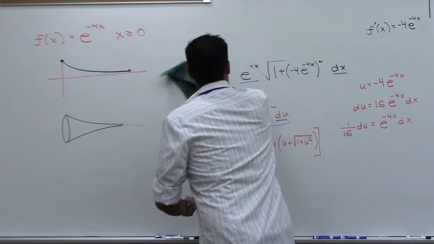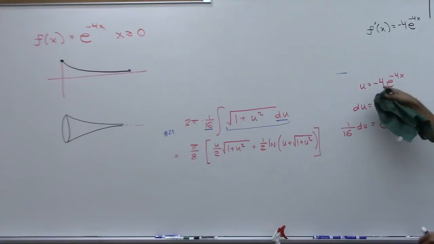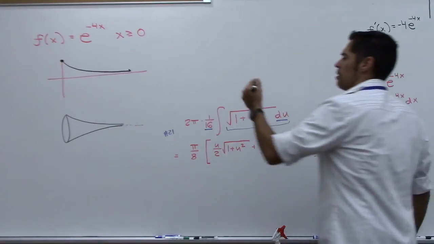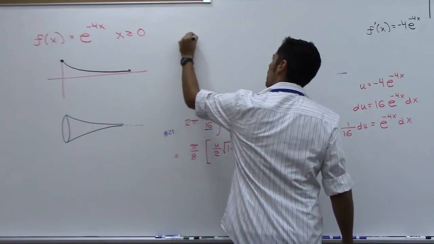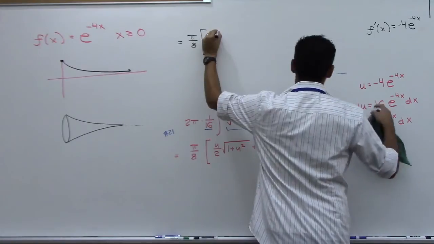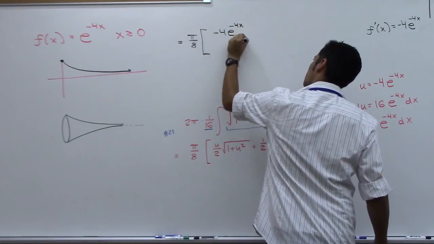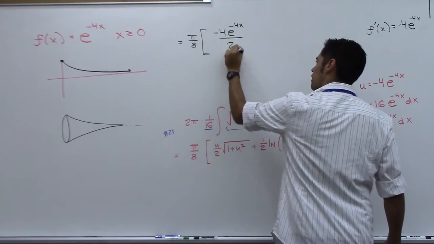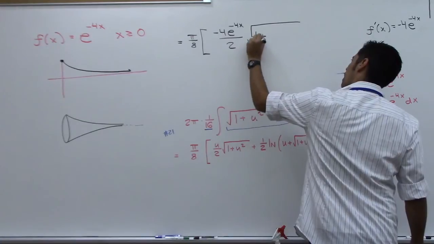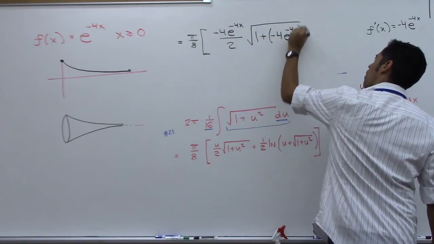I'm going to replace now all my u's in this answer with this. And then I'll take care of the 0 to infinity. So I'm at pi over 8, and then I have u, which is negative 4 e to the negative 4x over 2, times the square root of 1 plus negative 4 e to the negative 4x, that quantity squared.